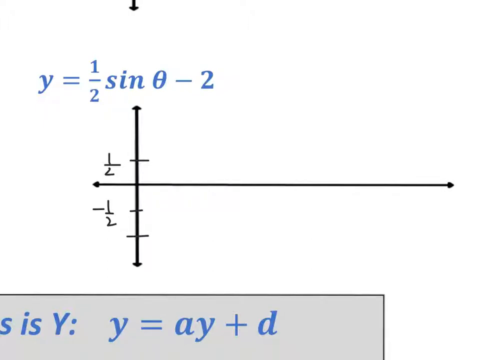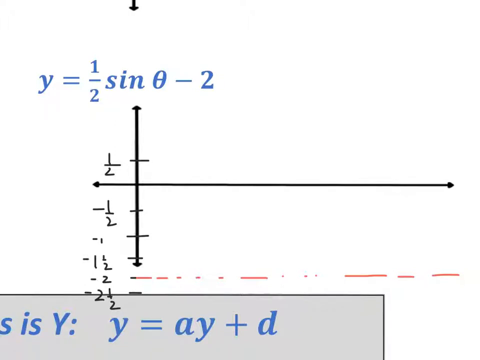So we're at -1.5. That's the top of the graph. The middle of the graph is going to be at -2, and then the bottom of the graph is going to be at -2.5. Okay, so remember, our midline, our new x-axis, is going to be right here. So think about that, okay? And since it's at 2, it's only going to go up a value of 1/2, right?